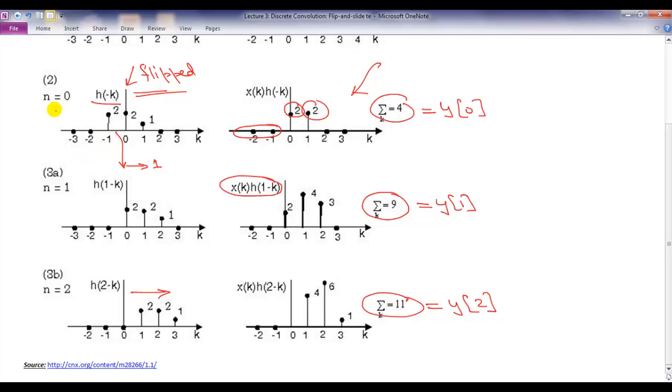For n equal to 1, you are sliding the flipped version to the right. For n equal to minus 1, you slide it to the left, and then you still do the same thing: multiply whatever you get with your x, add them all up, and that will be your y of minus 1.